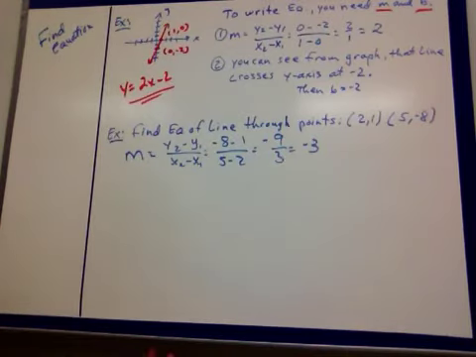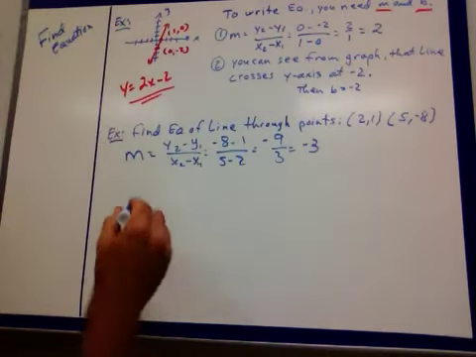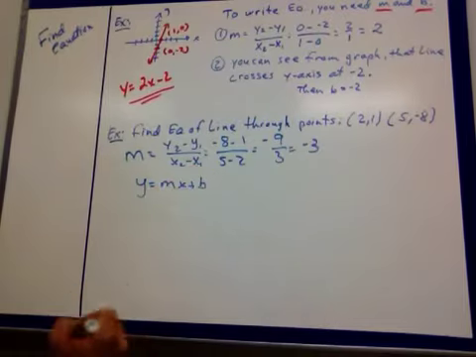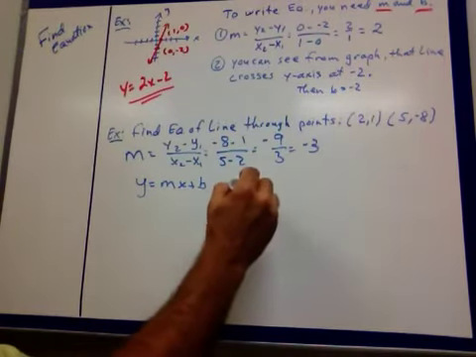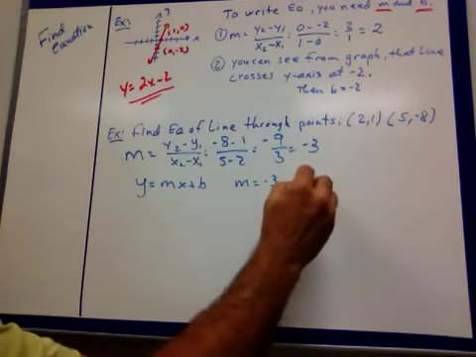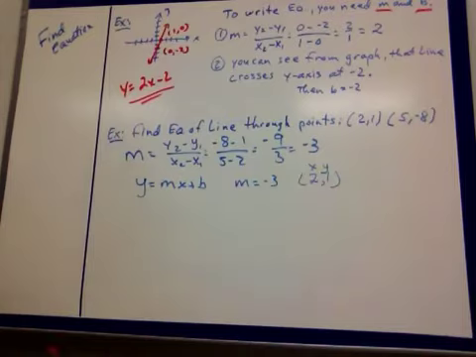Now, I don't have a y-intercept that I can pick from here, so I have to find my b. I know I have this equation right here. I know my slope is -3, and I can take one of these 2 points. I'm going to take (2, 1). There's my x, y. Remember I told you earlier, x and y are points on the line?